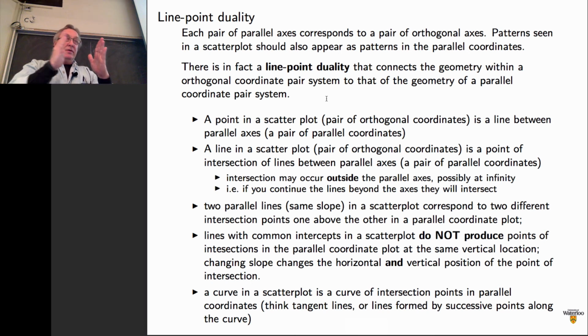And if it's a positive slope, it's going to appear as a point of intersection beyond one of the two axes. And if all the data are on the same positive slope, the two axes will have completely parallel lines. So in some sense, the point of intersection is at infinity when they're scaled that way. So completely parallel lines is a point at infinity.